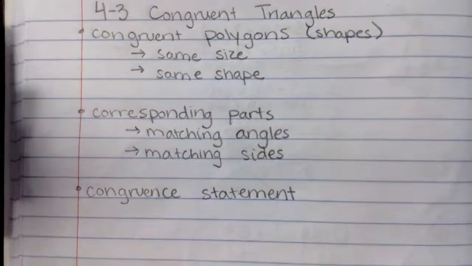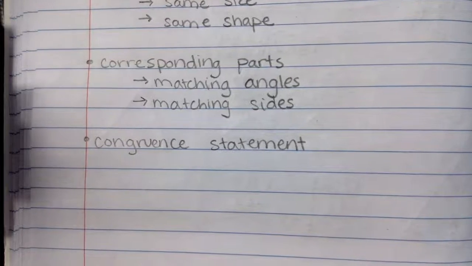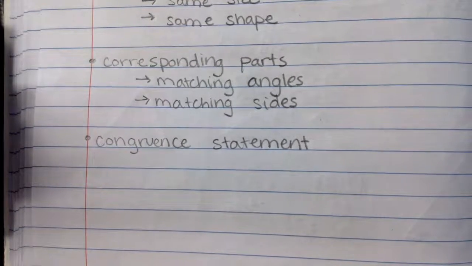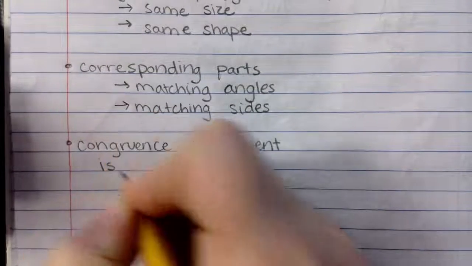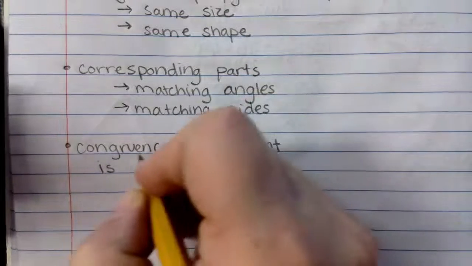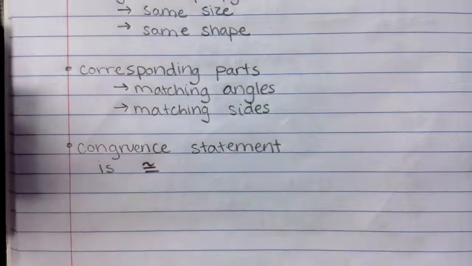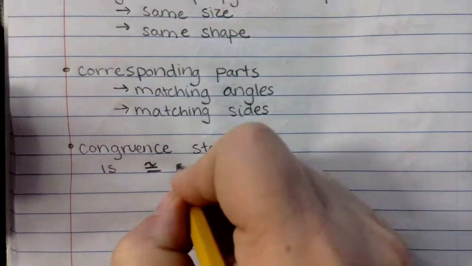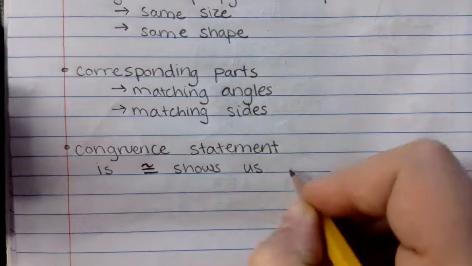And a congruent statement is, making up this as I go, sorry, is where we have that congruent part, and it shows us how the shapes correspond.